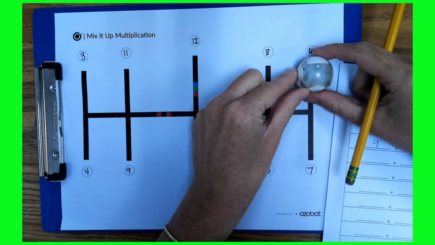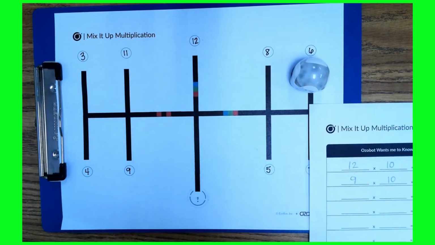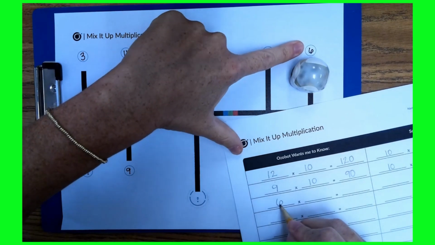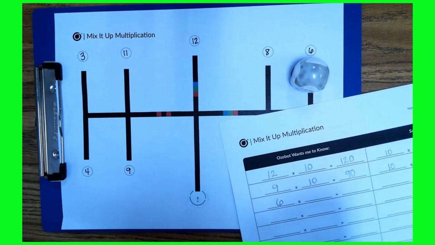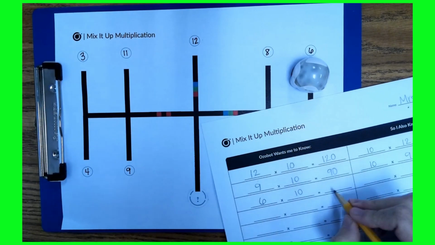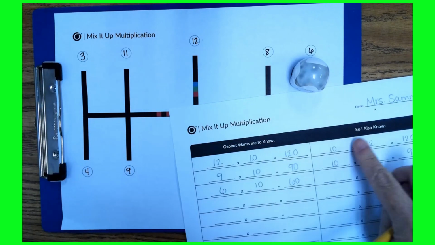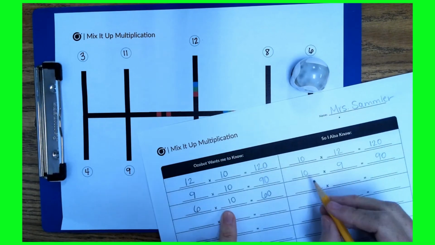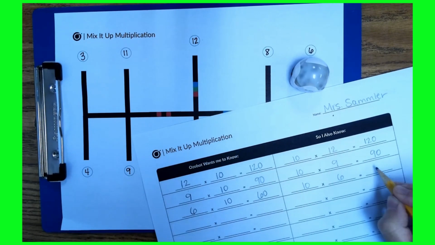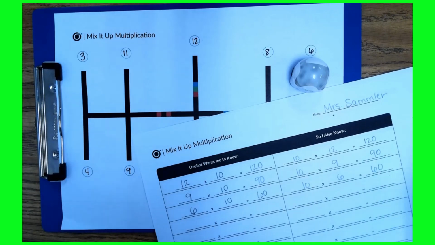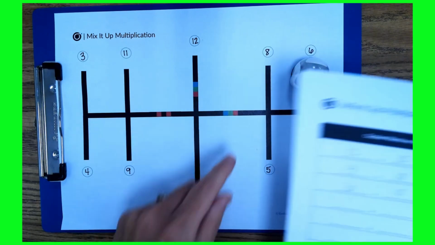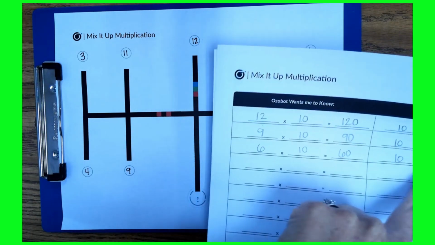I'm going to power him off, and I'm going to make my next multiplication problem. 6 times 10 equals 60. So I also know that 10 times 6 equals 60.